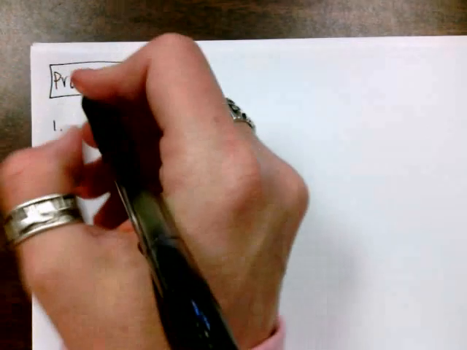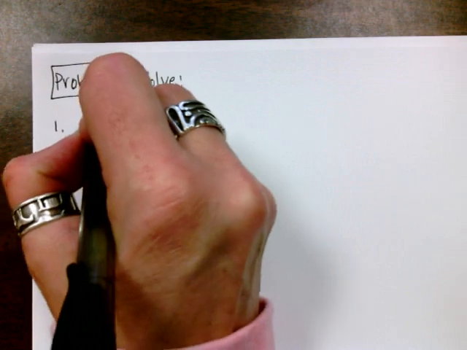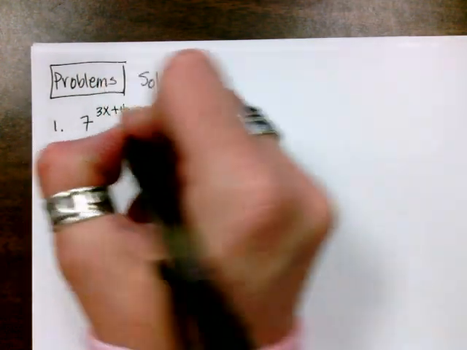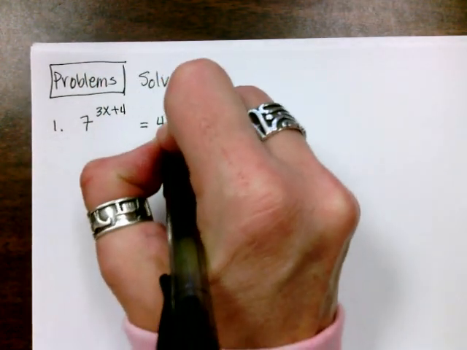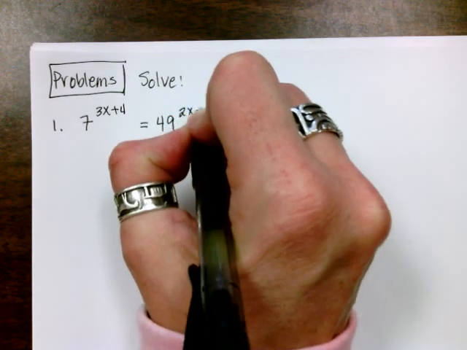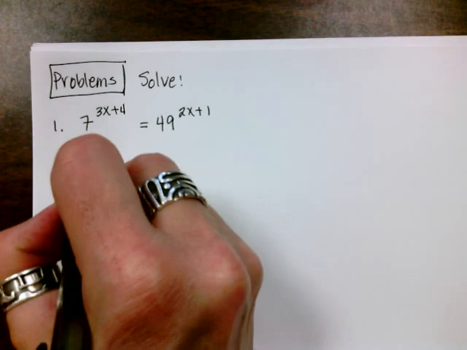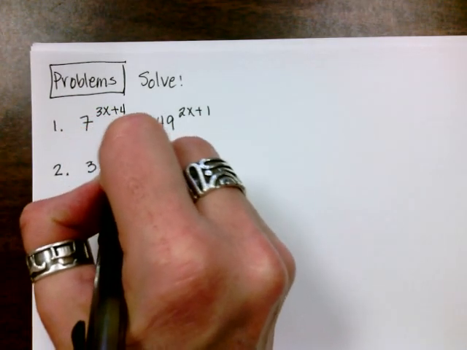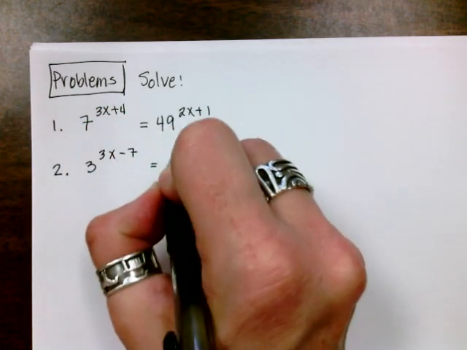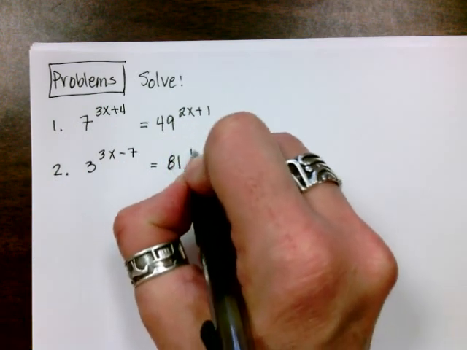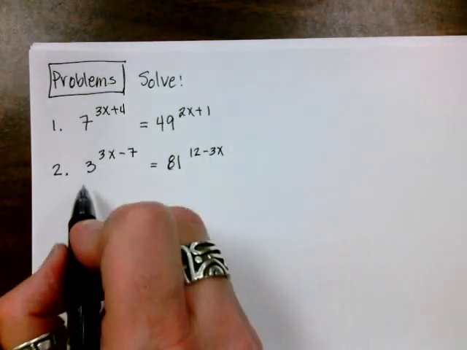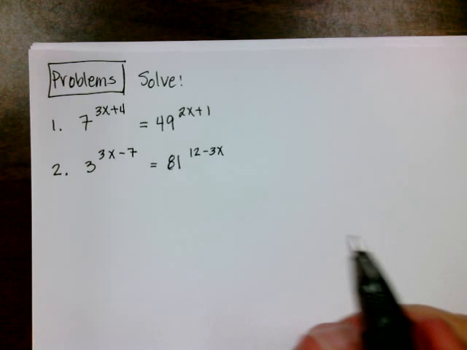Number 1, I'm going to have 7 to the 3x plus 4 is equal to 49 to the 2x plus 1. Problem number 2, 3 to the 3x minus 7 is going to equal 81 to the 12 minus 3x. The base on this one, by the way, is both 3.